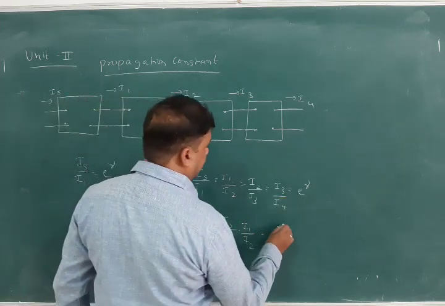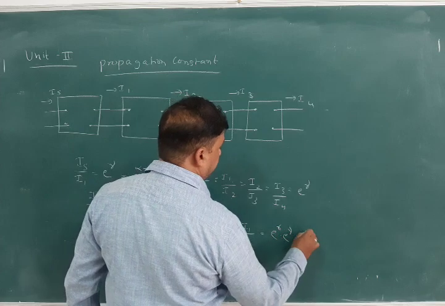So we can write e power gamma into e power gamma, which equals e power 2 gamma.